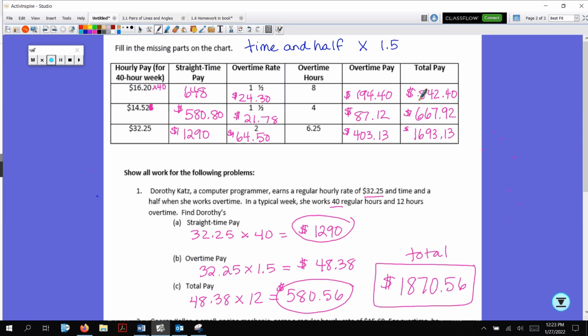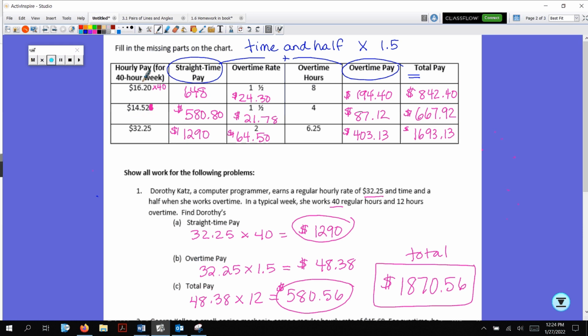For the total pay, that is straight time plus overtime. That equals total pay, okay? So your straight time pay plus your overtime pay is your total pay. Same thing next row. Now you make $14.52 an hour for 40 hours, right?